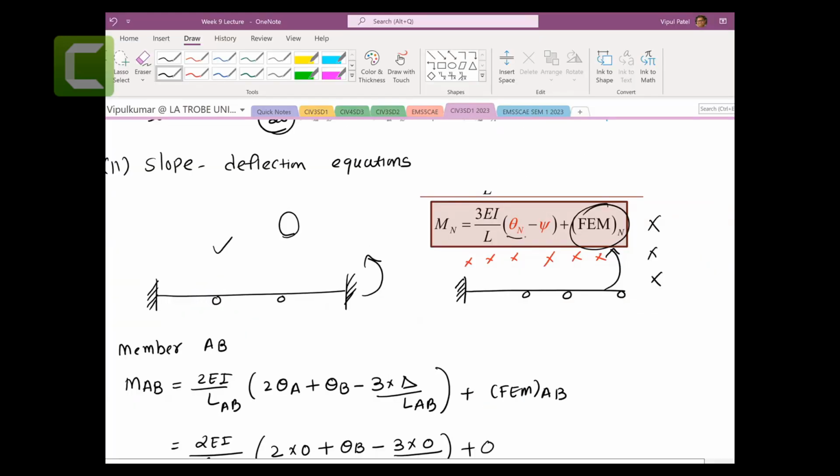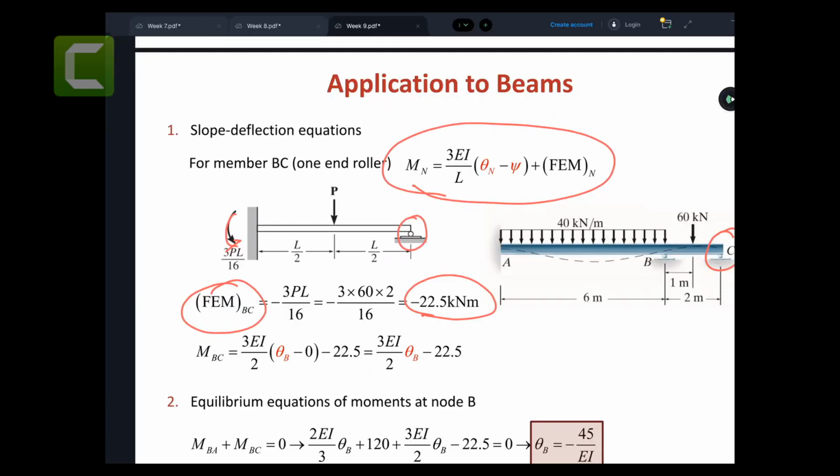You have fixed end moments, you have theta B, and you have this psi. So you have this theta B and the others are 0. So MBC, there is no MCB, by the way, because the moment at this point is 0, right? Because when it's fixed, only then you have a reaction moment, otherwise there is no moment.